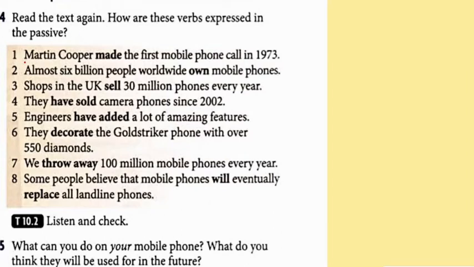Okay, in the active sentence, this is the subject, and this is the object. So in the passive voice, we switch their positions. The object becomes the beginning of the sentence, and the subject is at the end of the sentence. So that's the point of the passive voice. Okay, let's make number 1 into the passive voice.